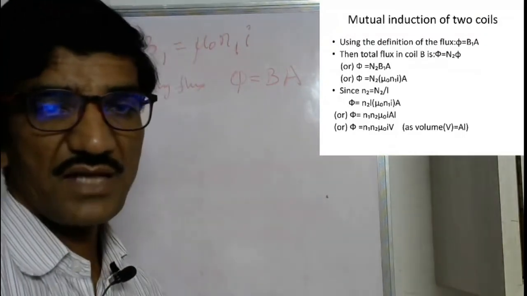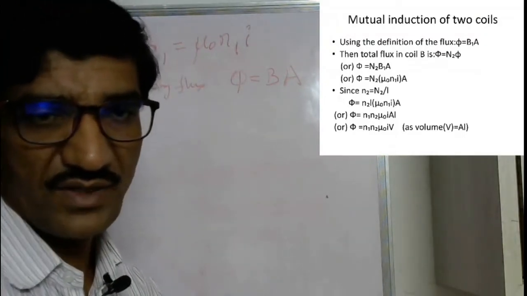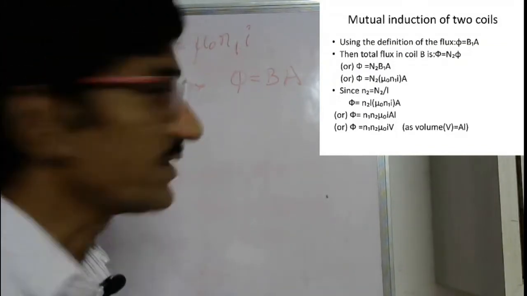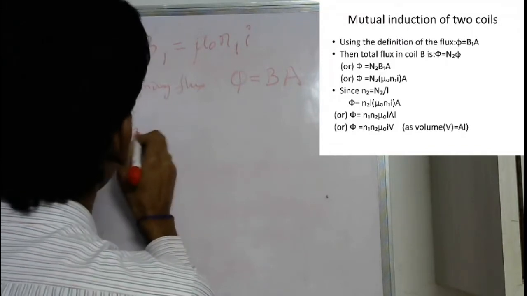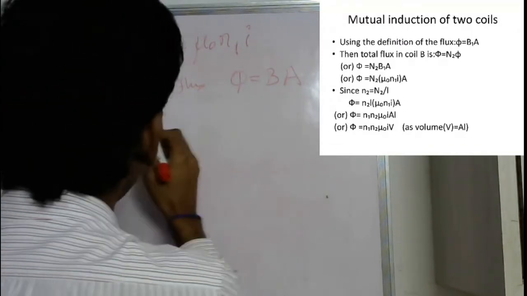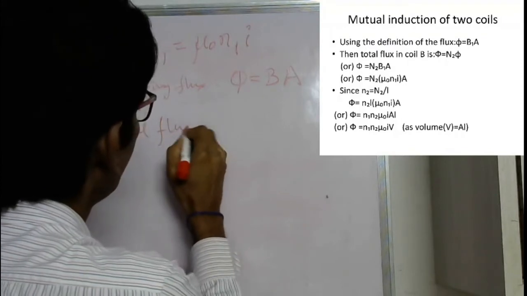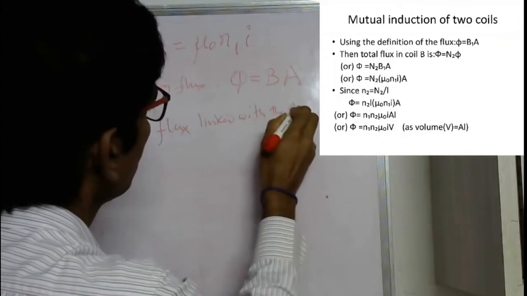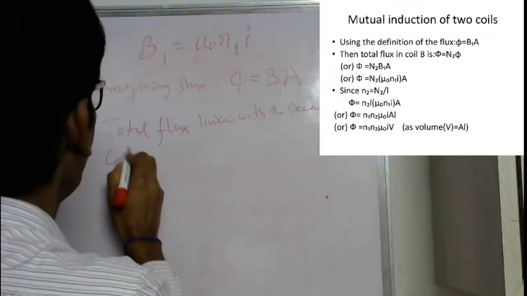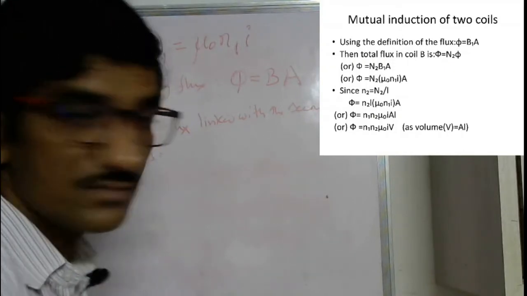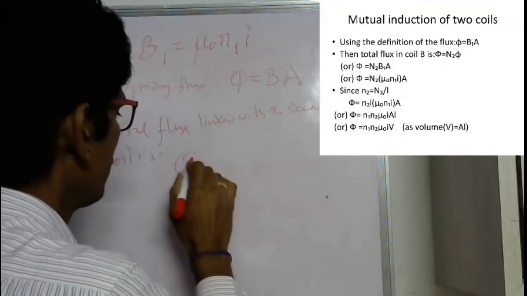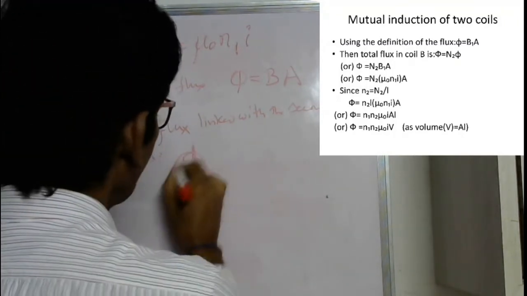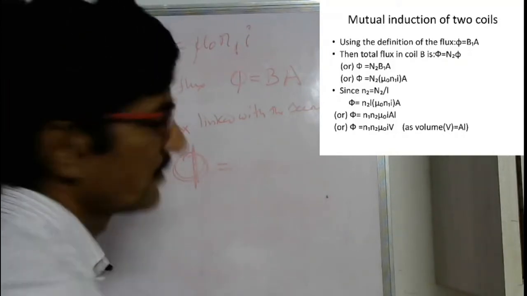Now, this flux is linked with the second coil, coil B. So what will be the total flux linked with the second coil?